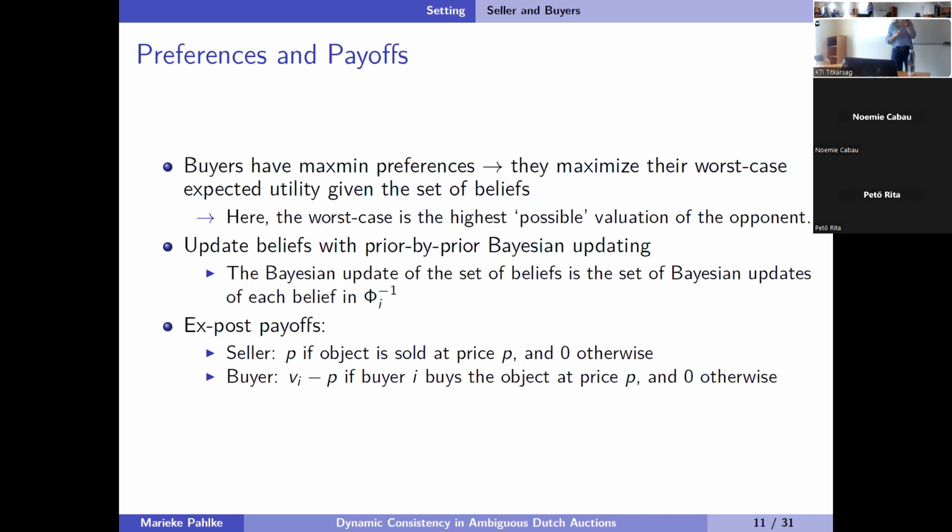How does it influence their behavior? We assume max-min preferences, so they maximize their worst case expected utility given the set of beliefs. Given the distributions they consider, they look at the worst case distribution in this set.